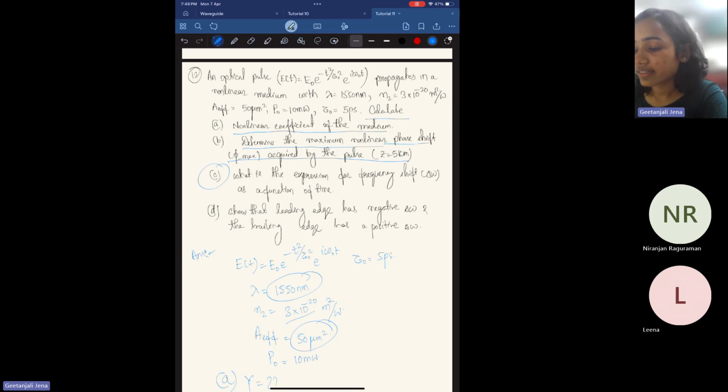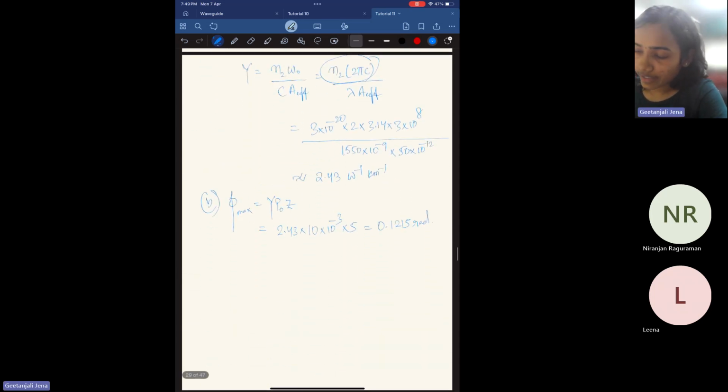In the C part, it is asking what is the expression for the frequency shift as a function of time, which has already been covered in the lecture. So delta omega(T) is 4 gamma P0 Z T by tau 0 square e to the power minus 2 T square by tau 0 square, where T is, or T prime you can take.